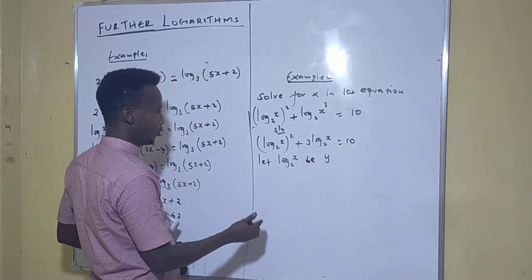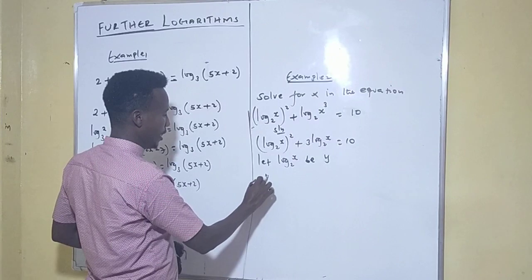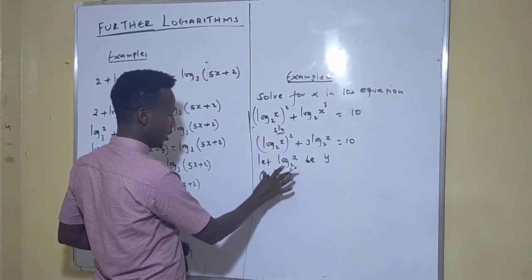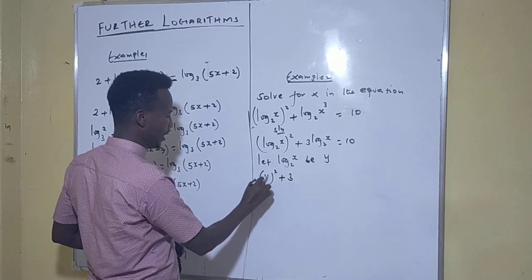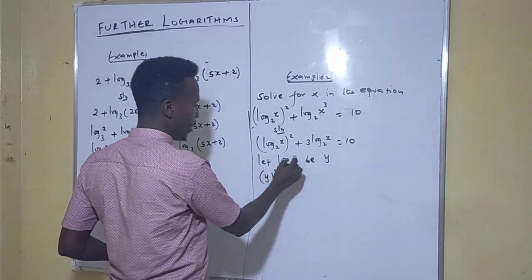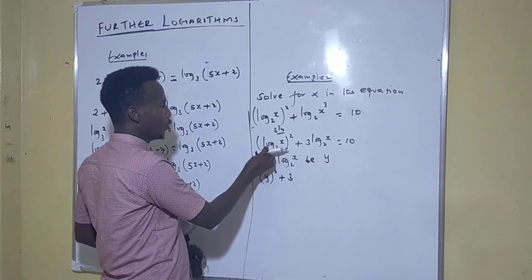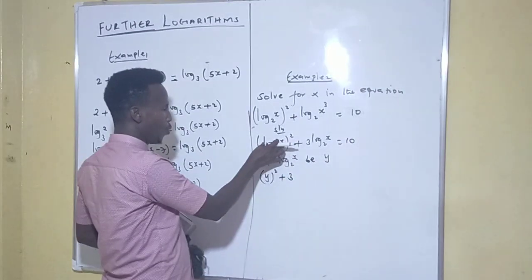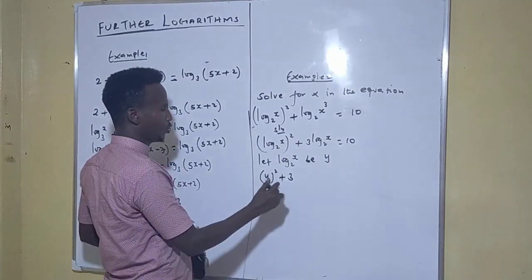You can even take m, there's no problem. So here we'll have y in the bracket squared, because let log base 2 of x be y. So in the place of log base 2 of x, you replace it with the letter y. So here we'll have y inside the bracket, then squared it will be y squared.